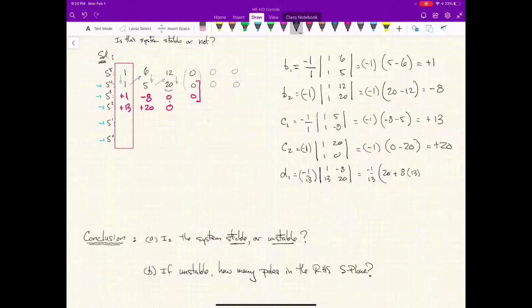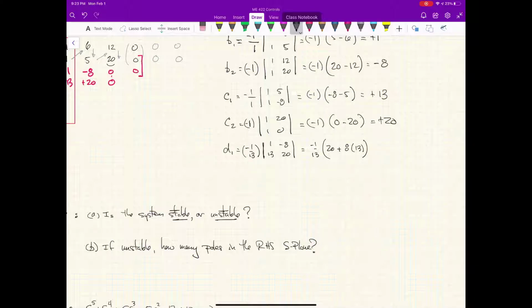Well, that looks like that's going to be a negative number, right? Yeah, exactly. So when I do the math on this guy here, I am going to get minus 1 over 13 times 20 plus 8 times 13, which is 104. 20 plus 104 is 124. This guy is going to be minus 124 over 13.